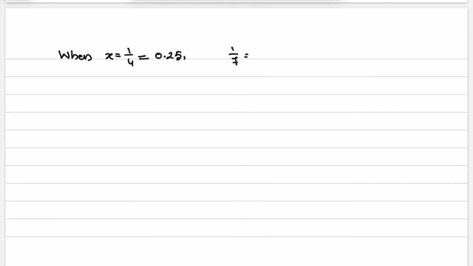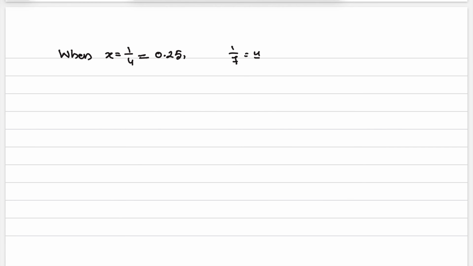Let us say, just for our understanding, it is approximately 0.143. Do we agree that 0.143 is less than 0.25 is less than 1? That implies 1 by 7 is less than 1 by 4 is less than 1.